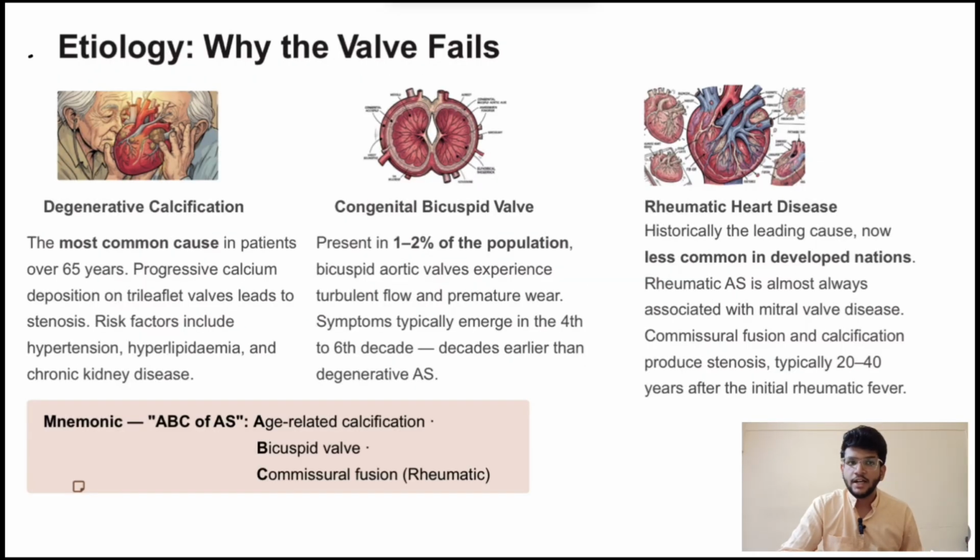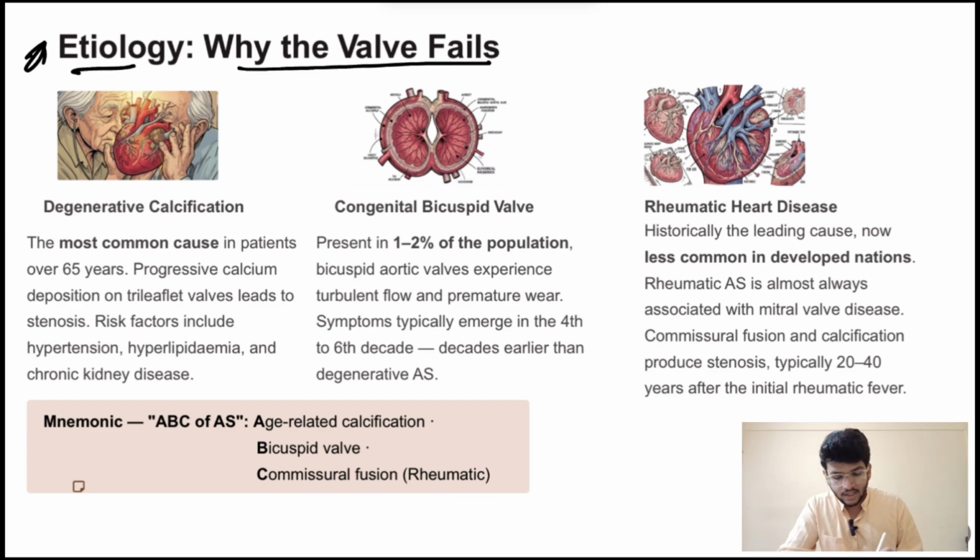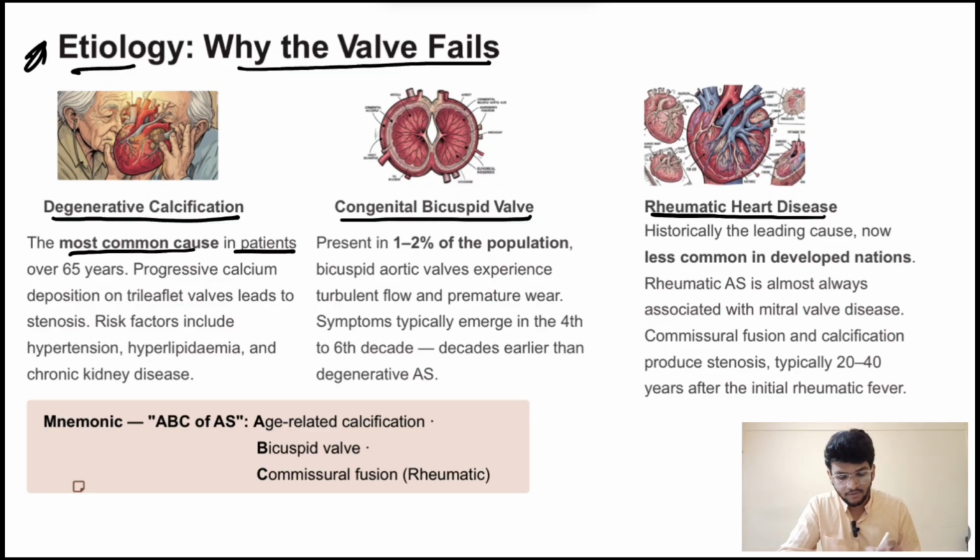The etiology behind the aortic stenosis, as we have seen just now, is degenerative calcification, congenital bicuspid valve, and rheumatic heart disease. The most common cause in patients over 65 years is degenerative calcification. Progressive calcium deposition occurs on the leaflets leading to the stenosis.